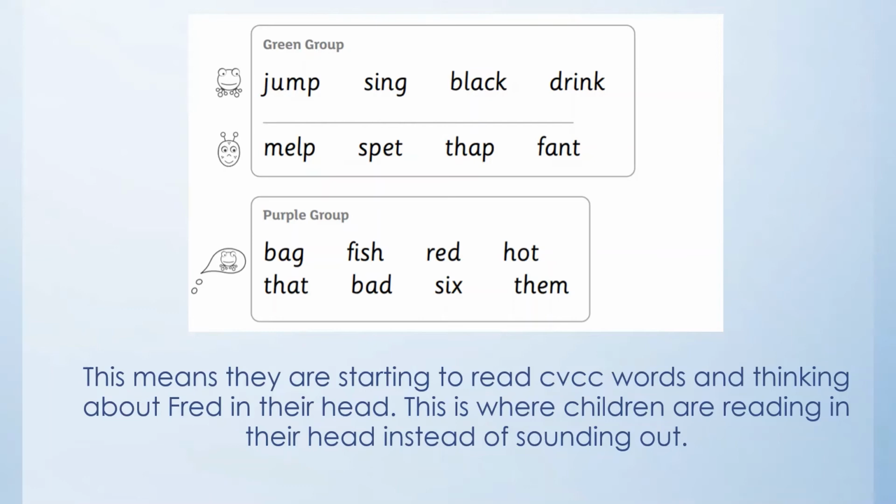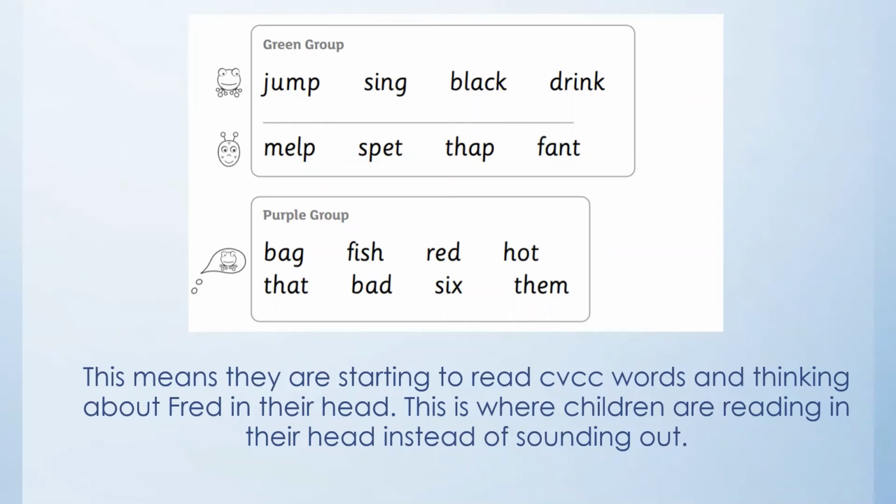Children are taught to read these alien words so we can check they can apply that phonics understanding in lots of different situations. So, to make sure they are in green group, they are expected to read these CVCC words and alien words.